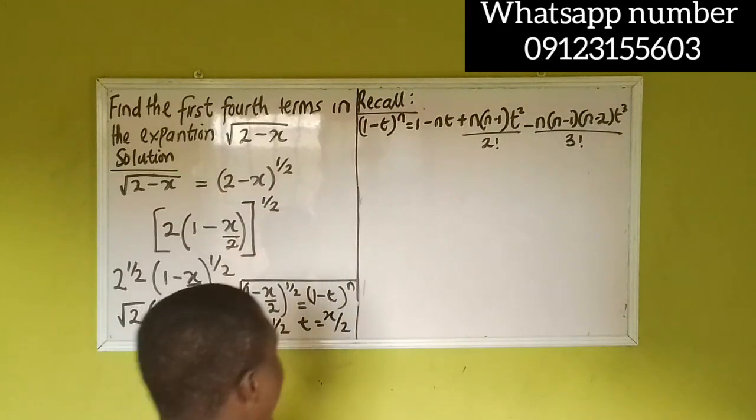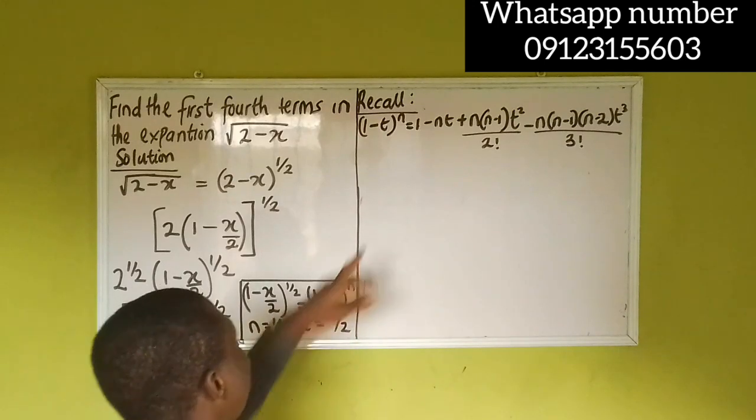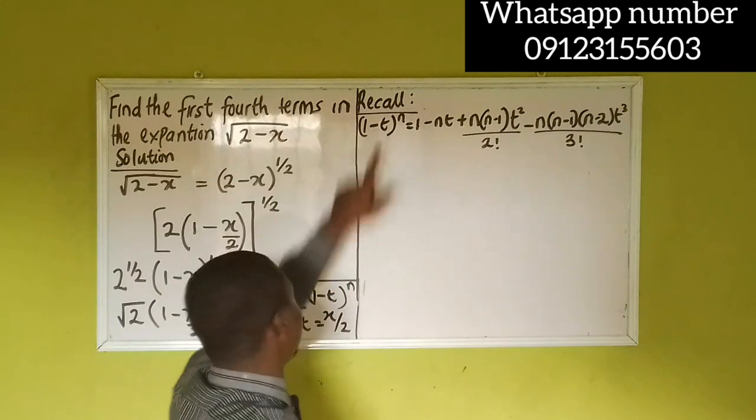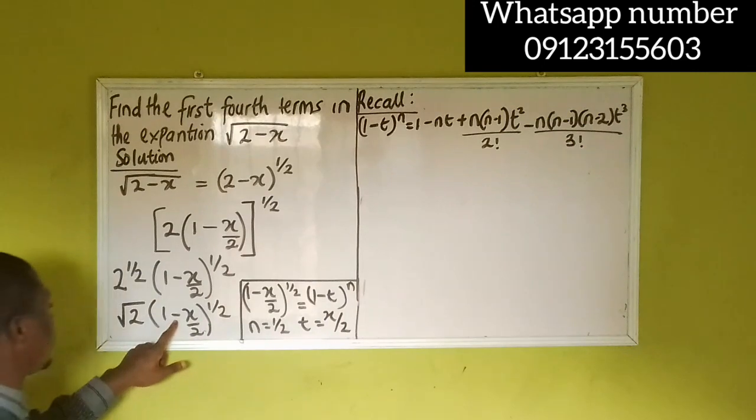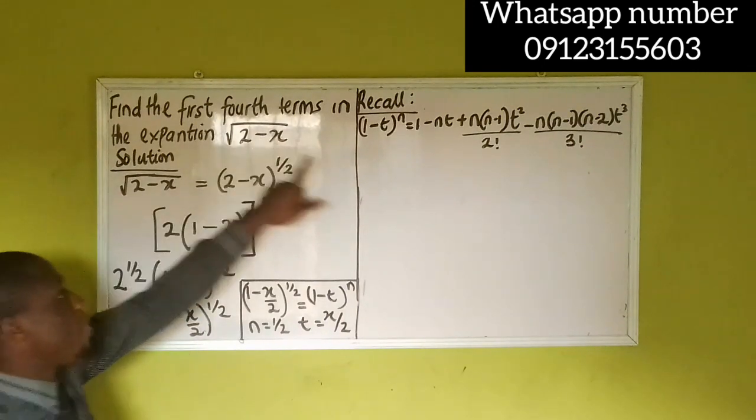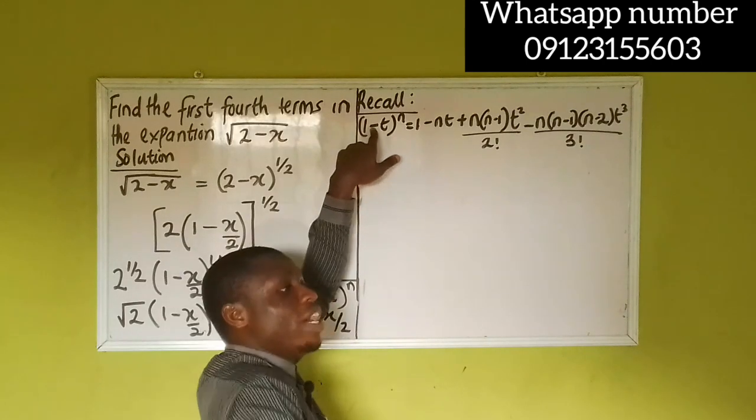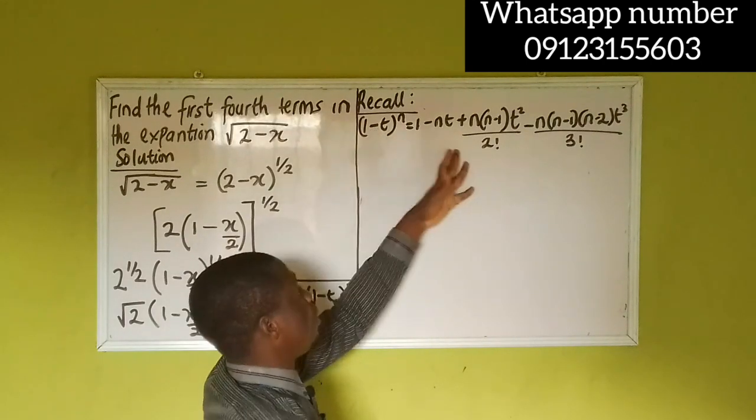At this point, I'm applying this formula because I'm having a negative in the expansion given in the question. There's a negative there, so I'm applying the negative rational index formula to solve this.